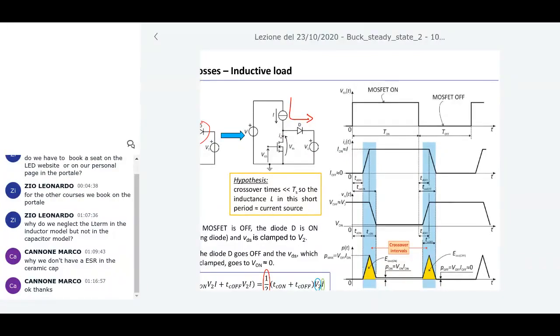So which is the voltage VDS? The voltage VDS is exactly the voltage V2 because the diode is on, so it's a short circuit, and all the voltage V2 appears across the VDS. And so we have V2 here at the beginning. The current through the MOSFET is zero because the MOSFET is off.